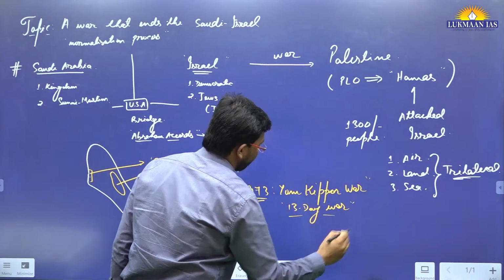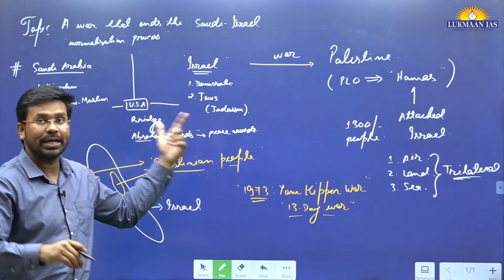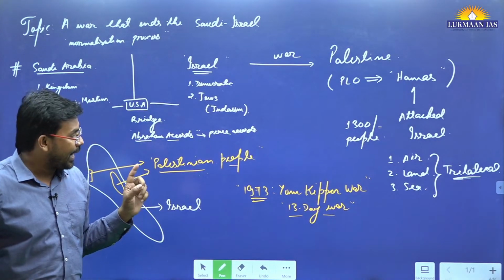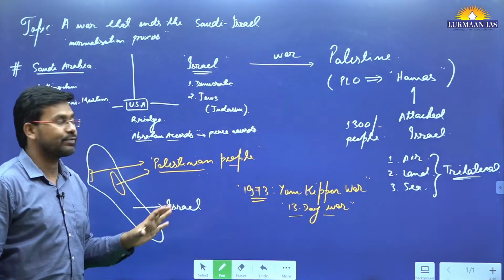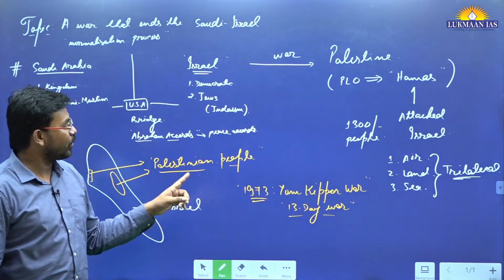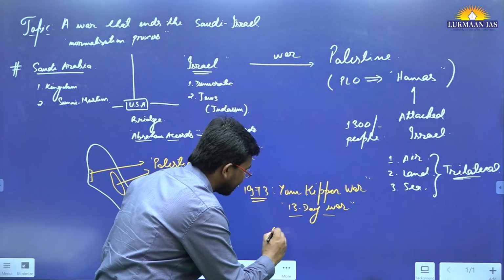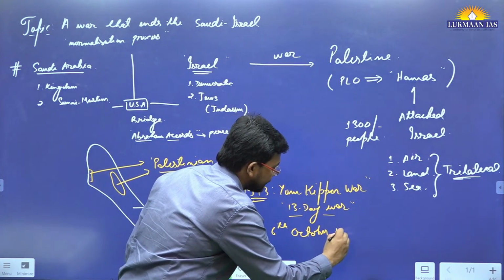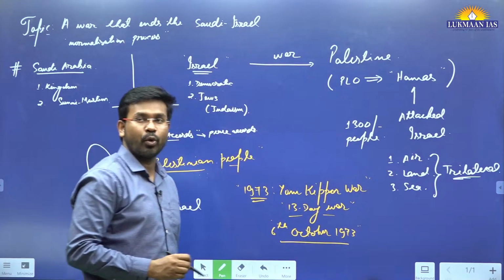In that war, the Israeli people were supported by the United States of America, and with their support, the Israeli government captured more territories from Palestine. It has been 50 years since then. This war started on 6th of October 1973, which is also known as the October War.